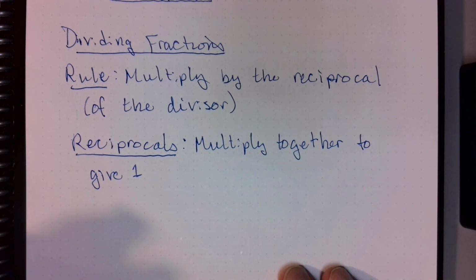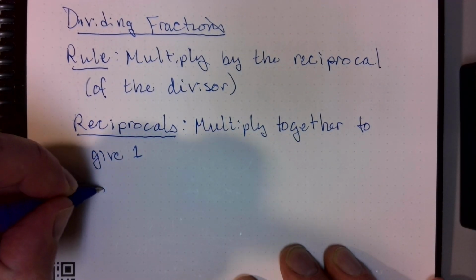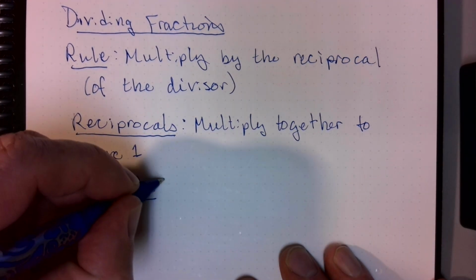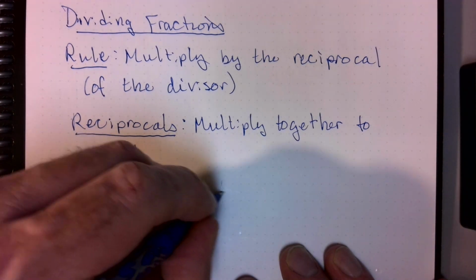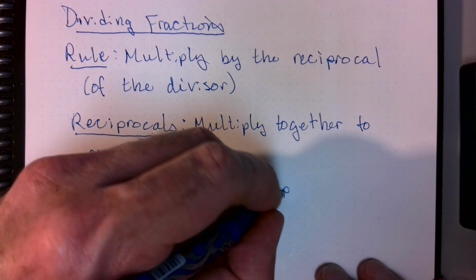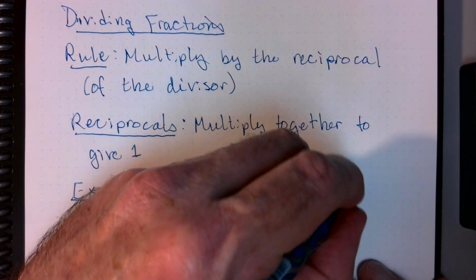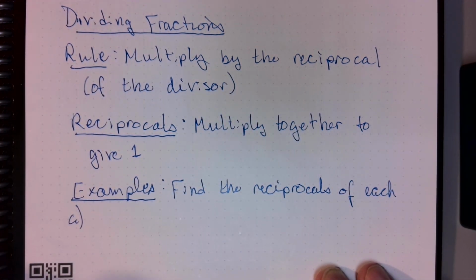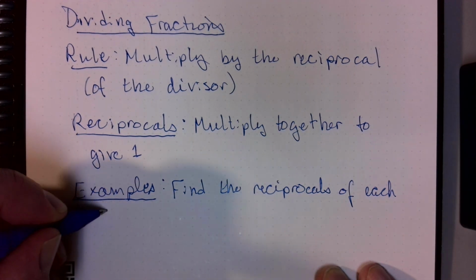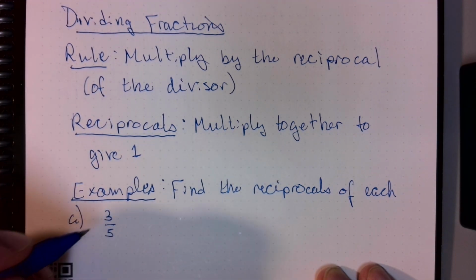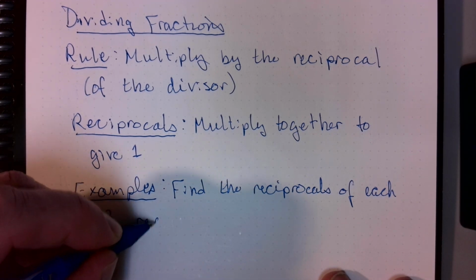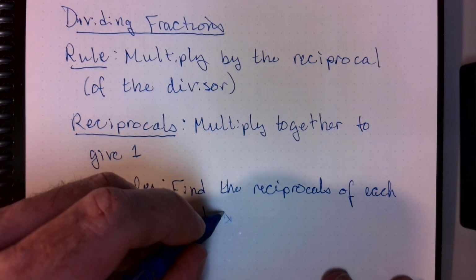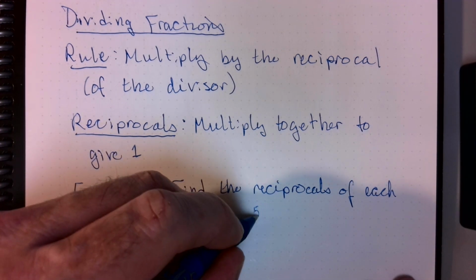So I'll just do a couple of quick examples here. Find the reciprocals of each. Let's start with 3/5. The reciprocal of 3/5 is 5/3.